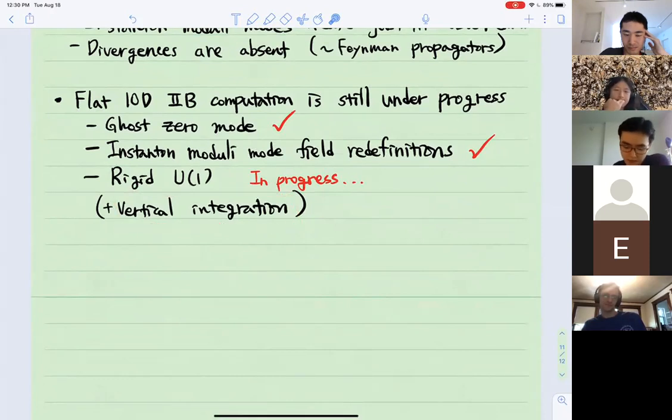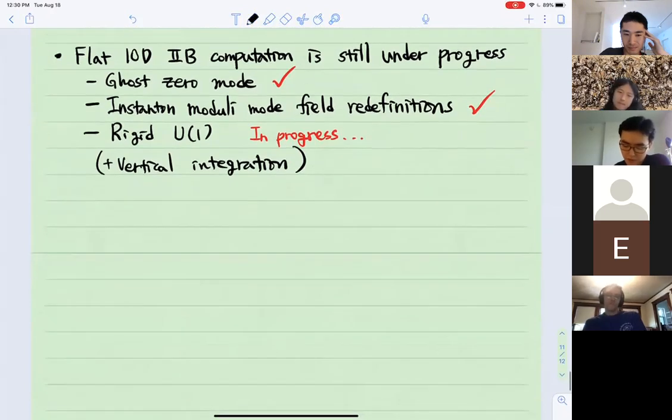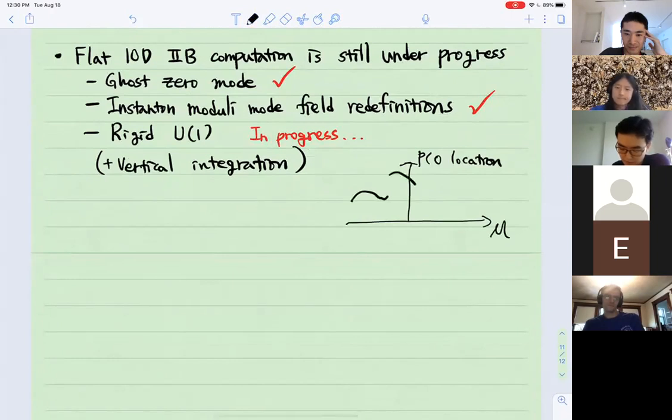I told you that in superstring field theory, the choice of vertex also includes the choice of the location of PCO. So let's say you have this type of diagram for some moduli space. And when you have some different Feynman diagrams, you may well run into the case where PCO locations do not agree. So you want to close the cycle, so you have to integrate along this vertical direction.